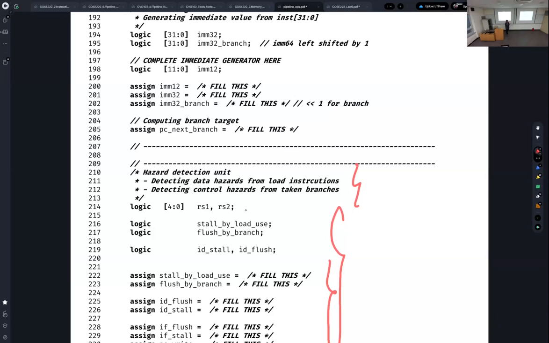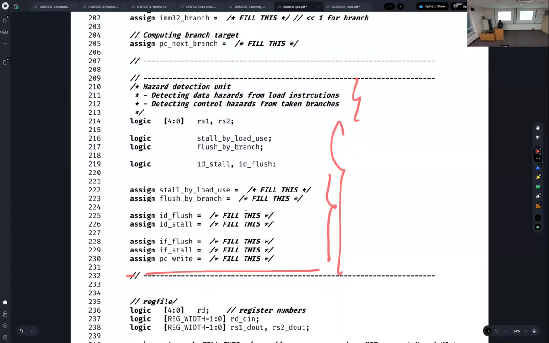As I mentioned, the pipeline concept is very simple. We can just insert the pipeline registers between steps or stages. But the hazard detection and the data forwarding is a somewhat difficult part.